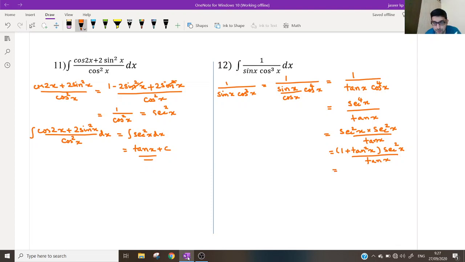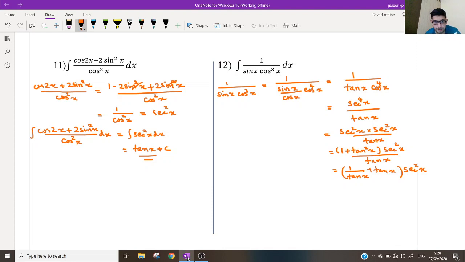So now this can be written as 1 by tan x plus tan x, into secant square x. So now this is the expression.